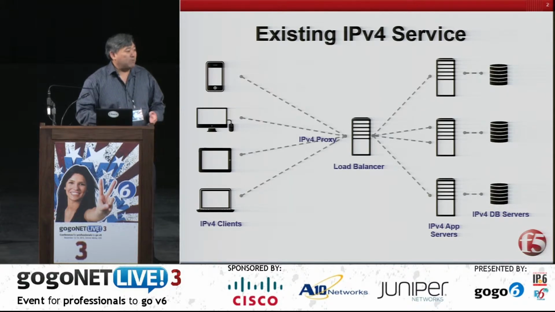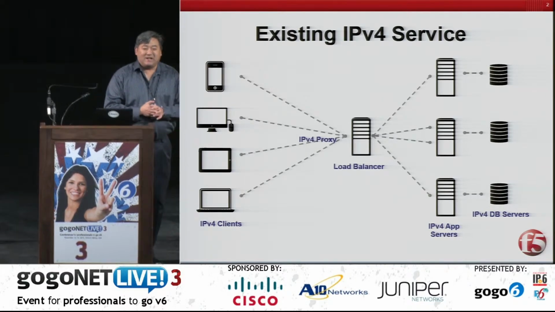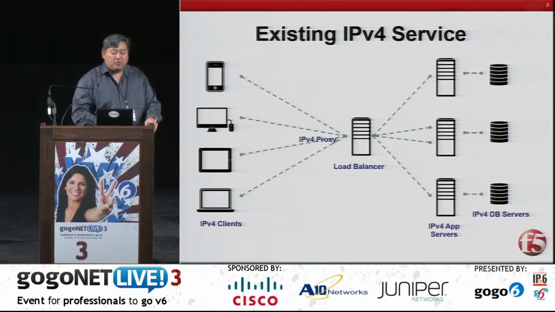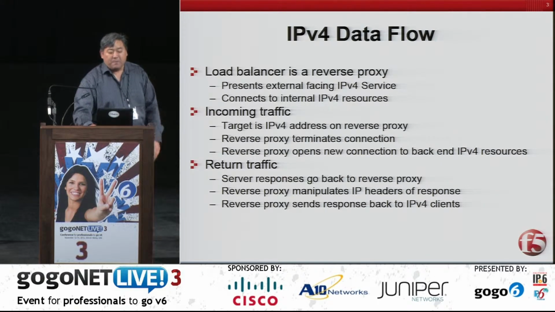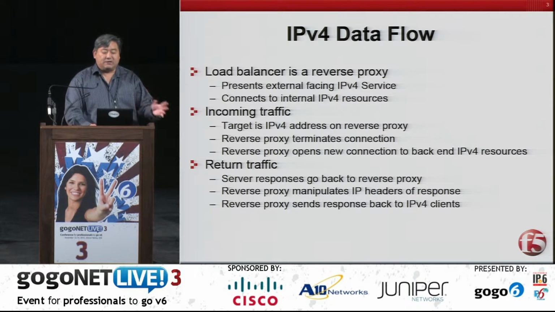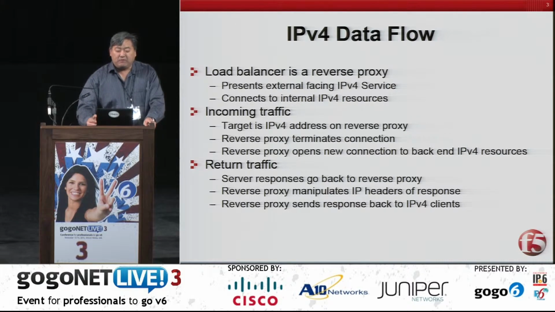I mean, that's sort of what marks the difference between an enterprise and a startup. And as a result, you already have a reverse proxy in the path here. So in the data flow, your reverse proxy is presenting an IPv4 address, and this defines the service. And on the inside, it's connecting to IPv4 resources.